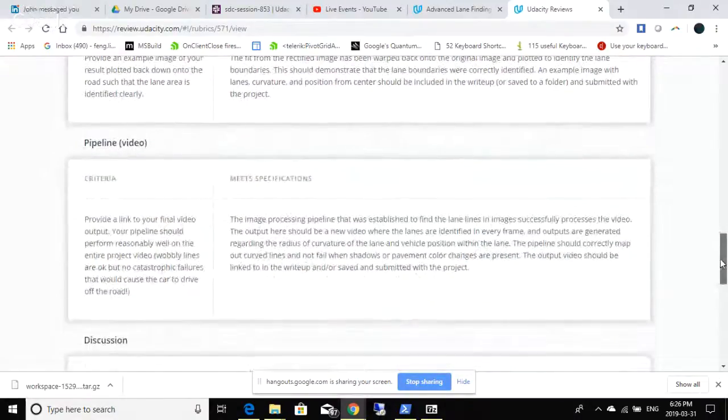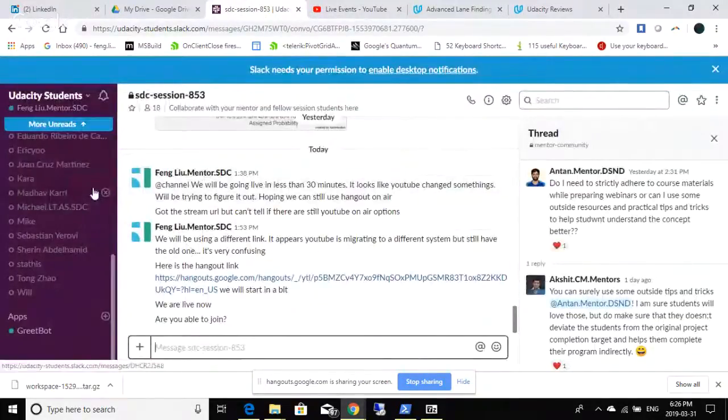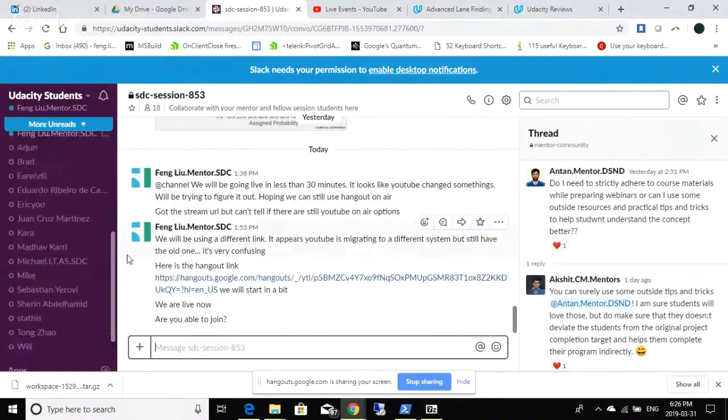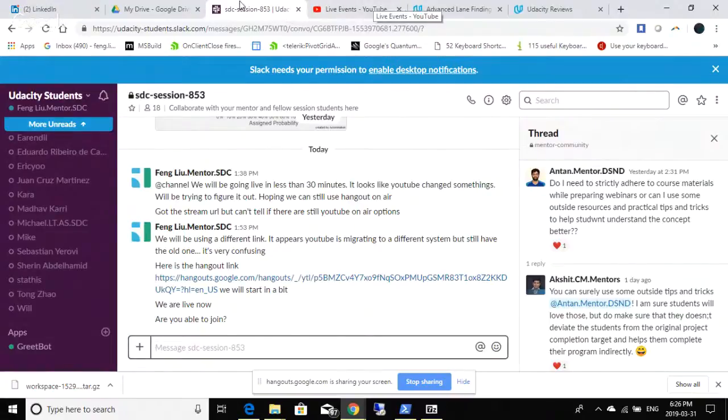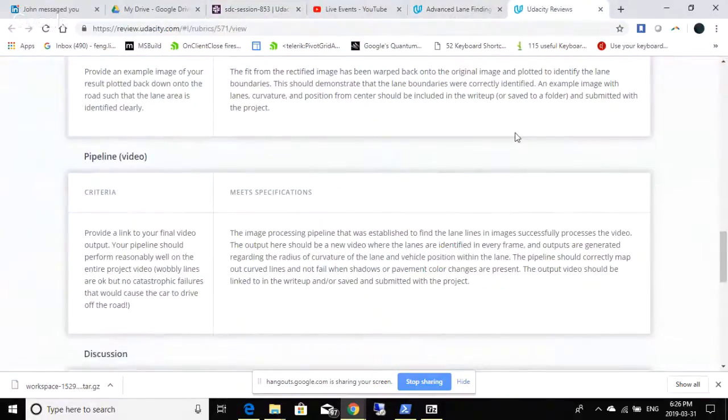Polynomial fitting, provide an example image of your result. Okay.